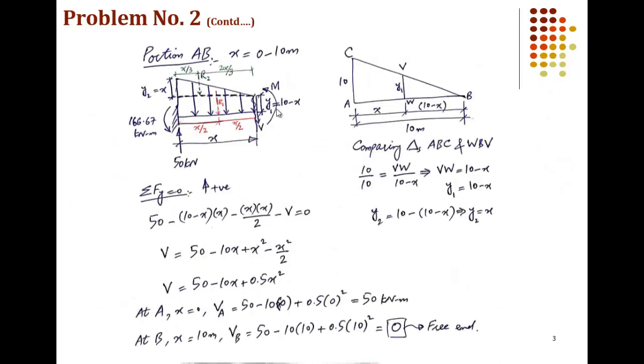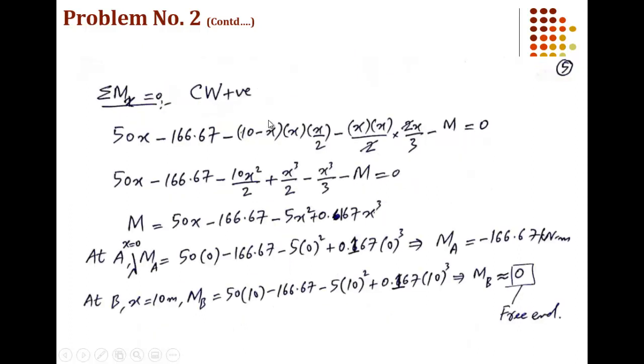Now next force is this triangular part, and this triangular part will also produce moment in counterclockwise direction about the section, so it should be taken as negative. And what are the dimensions of the triangle? x is the perpendicular, x is the base, so it should be x into x divided by 2. This x into x divided by 2 is the magnitude of the resultant because it is a triangle.